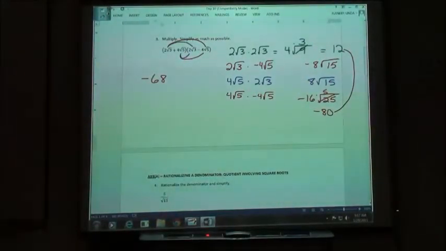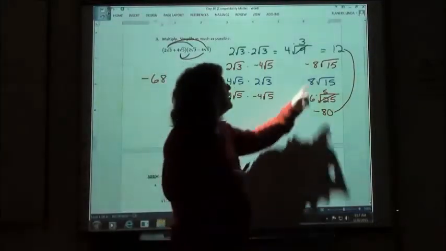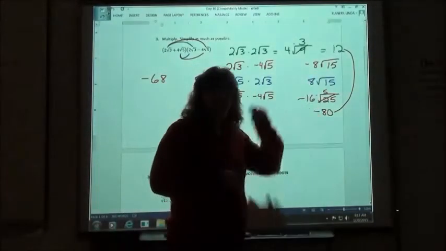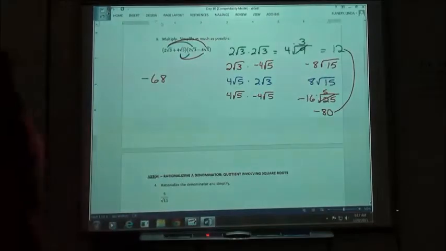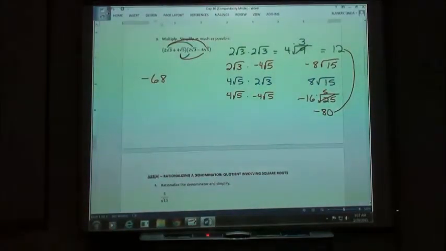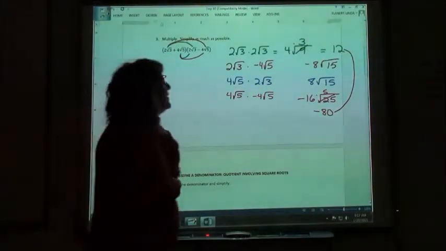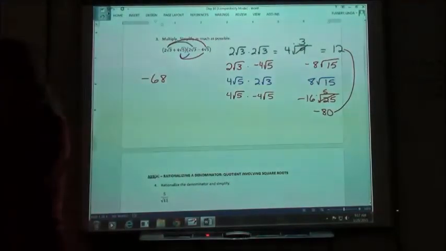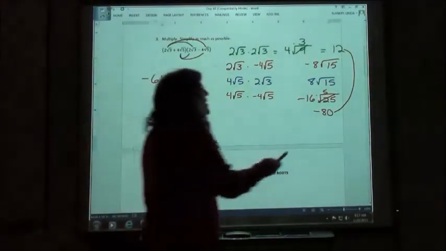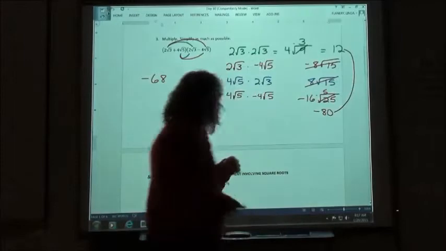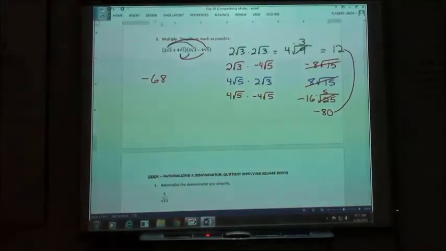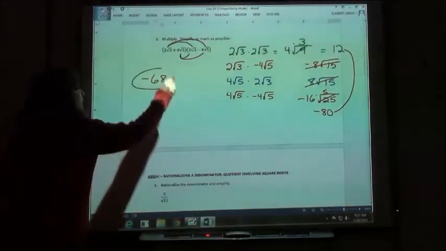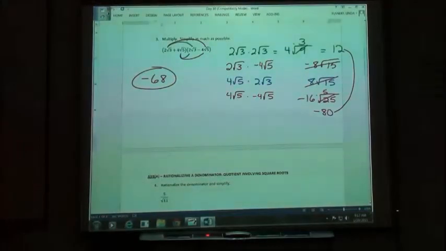What's a negative 8 and a positive 8? 0. They cancel each other out. They're opposites. Those are just gone. So my answer on this one, just the negative 68.